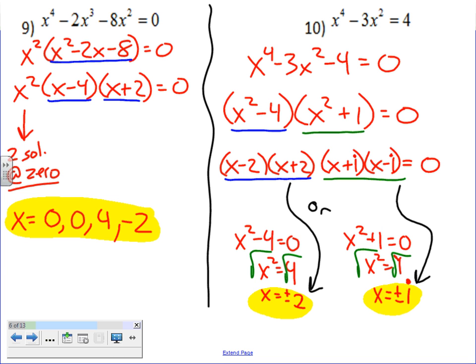Okay. So I'm just going to write this a little better here. So that's negative 1. And then when we take the square root of negative 1, we get i. So notice in this one, if I said factor completely with respect to real numbers, it's this level. If I said factor completely with respect to linear factors, it's going to be this bottom one here. Okay? So we have to know the difference between those two as well.